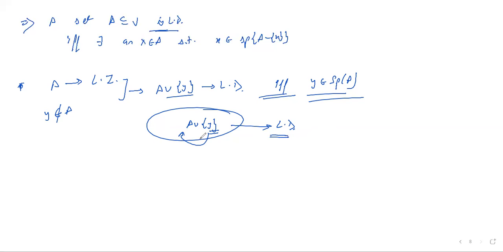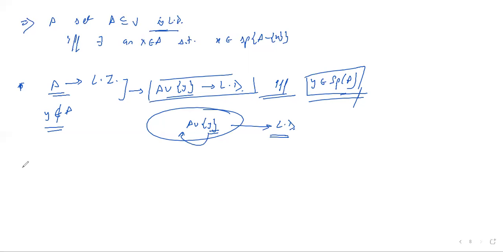So if I have a set A which is linearly independent and there is another y which does not belong to this set, then A union y is linearly dependent if y is in the span of A. I think you got it.